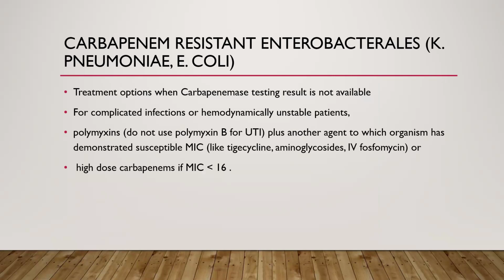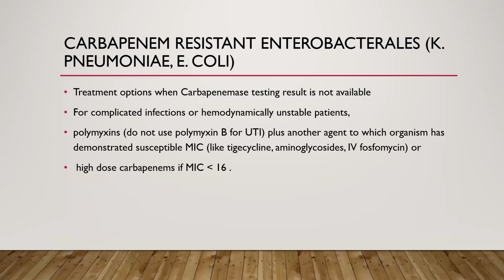Carbapenem resistant enterobacterales, that is Klebsiella pneumoniae and E. coli. The treatment option when carbapenemase testing result is not available, for complicated infection or hemodynamically unstable patient, we can use polymyxin. Polymyxin is not recommended for UTI.